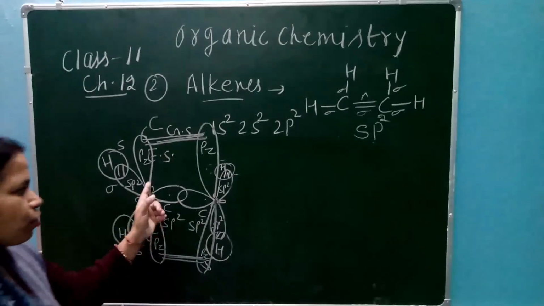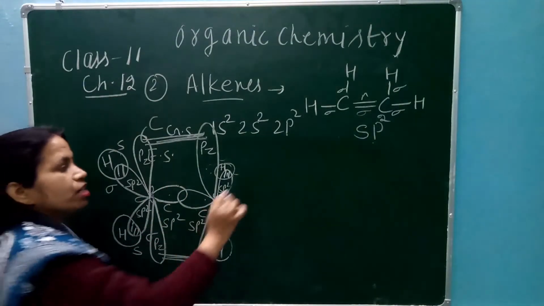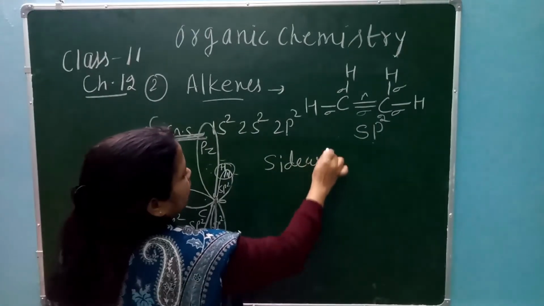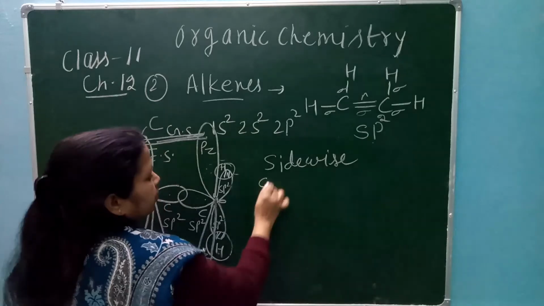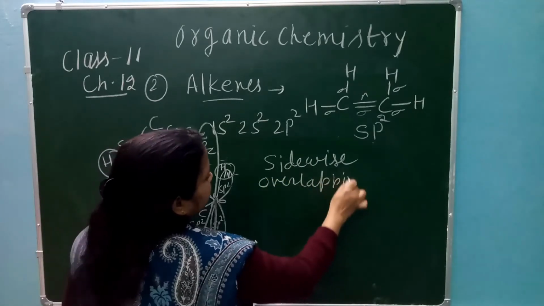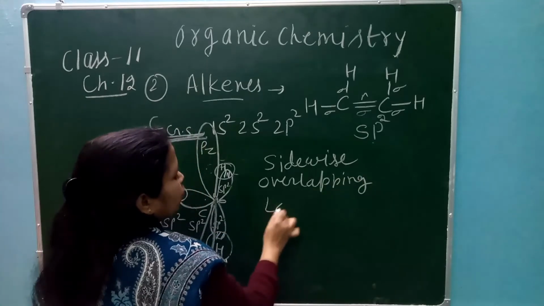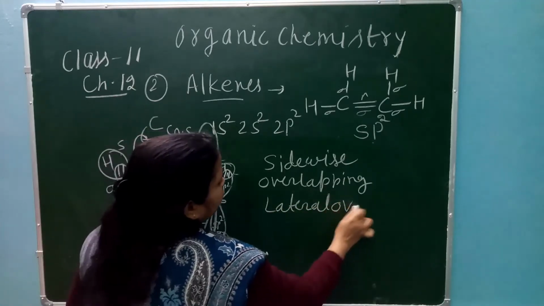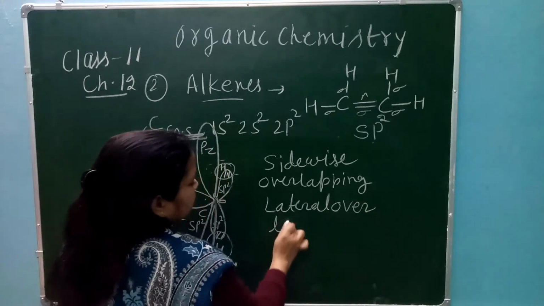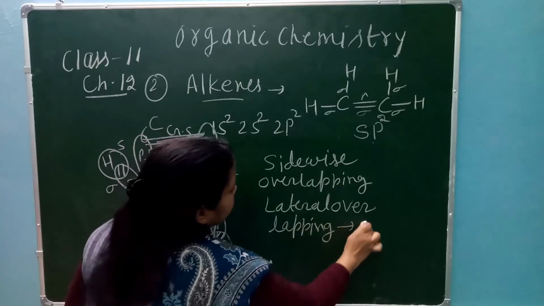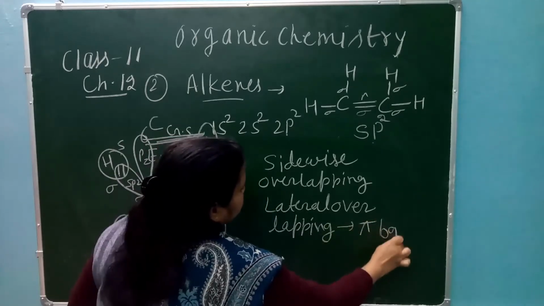So in the pz orbital there is sidewise overlapping, lateral overlapping. It forms the pi bond.